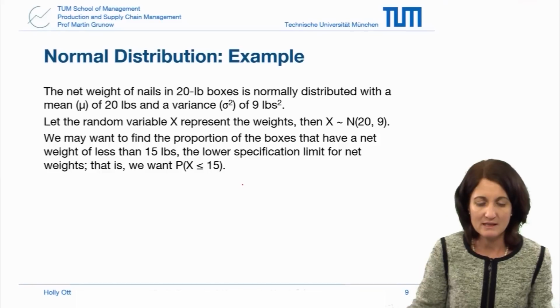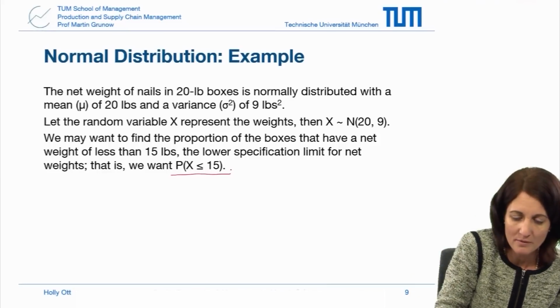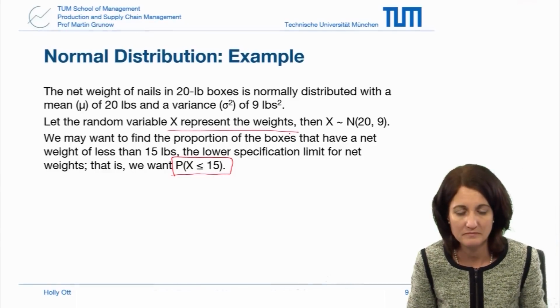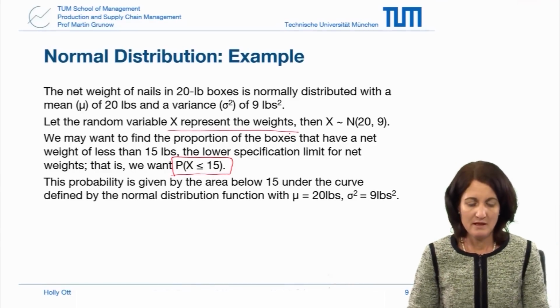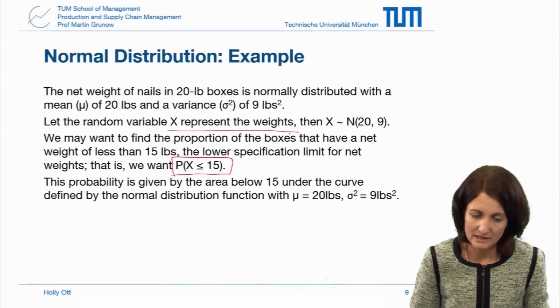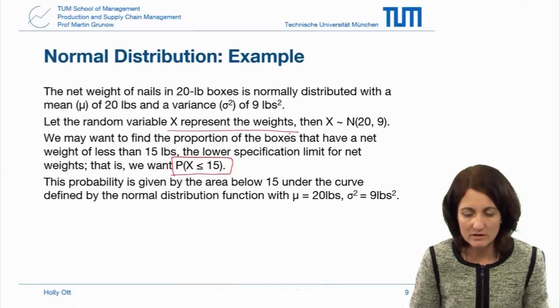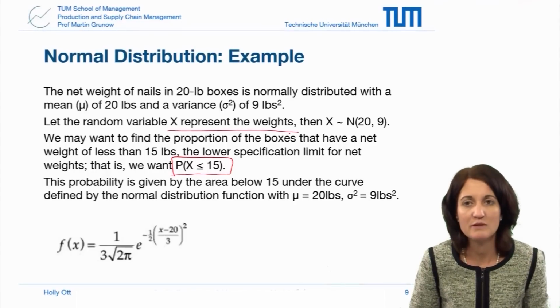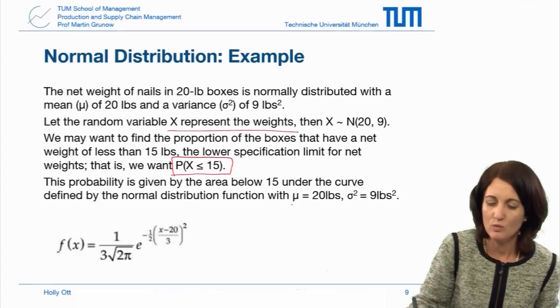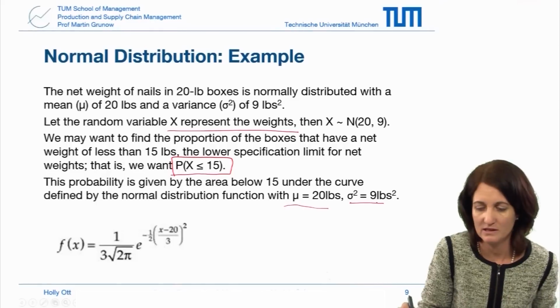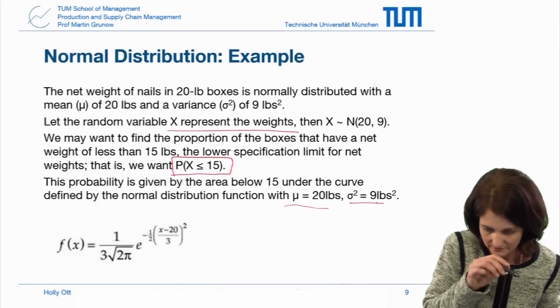So what that means is that we're looking for the probability that our random variable x, the weight, is less than 15 pounds. Now, the probability we just looked at is given by the area below 15 under the curve defined by the normal distribution function with mean of 20 pounds and a variance of 9 pounds squared.